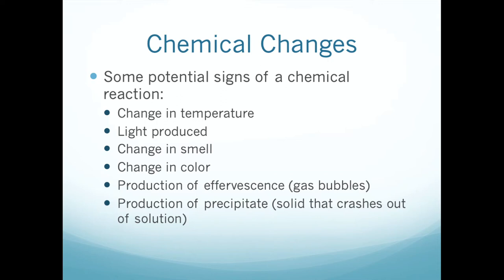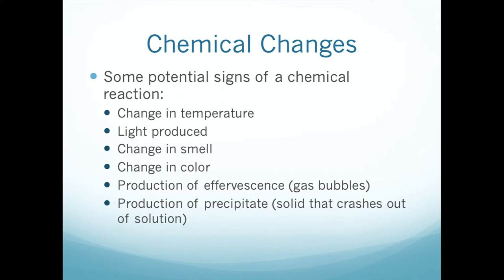There's a change in temperature that kind of sustains itself, so it's not like when you're melting something and you've got to keep on heating it. No, it gives off heat by itself as the chemical reaction is going on. A good example of this is when you're burning something. During a combustion reaction, if I burn my paper, it gives off heat and light by itself. I'm not continuously heating it up to burn it, right? It'll continue to burn itself.